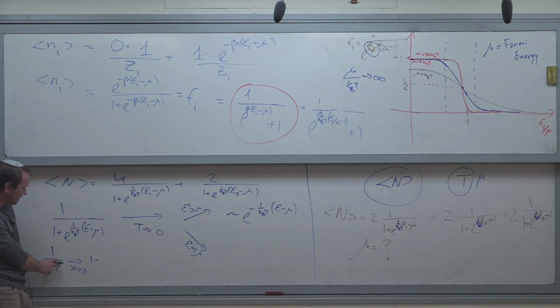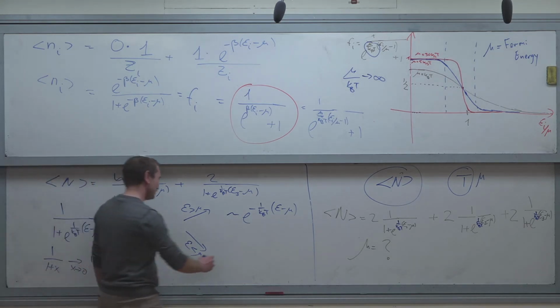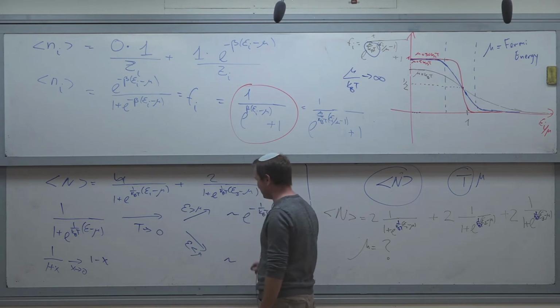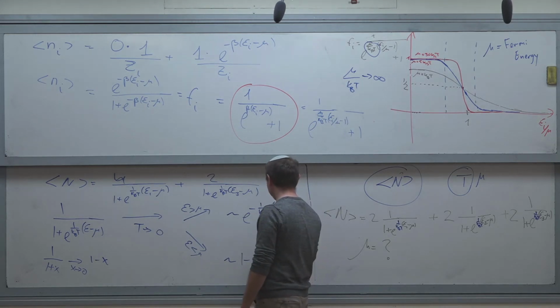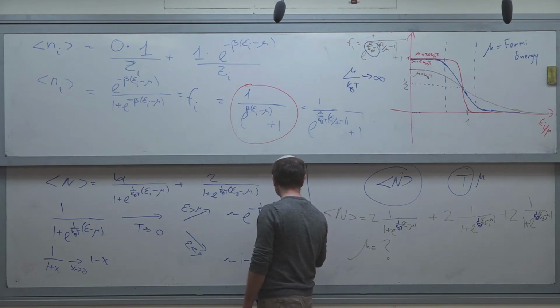So this is 1 divided by something which is larger than 1, so it has to be 1 minus x. So this is approximately 1 minus e to the power 1 over k Boltzmann T of epsilon minus mu.